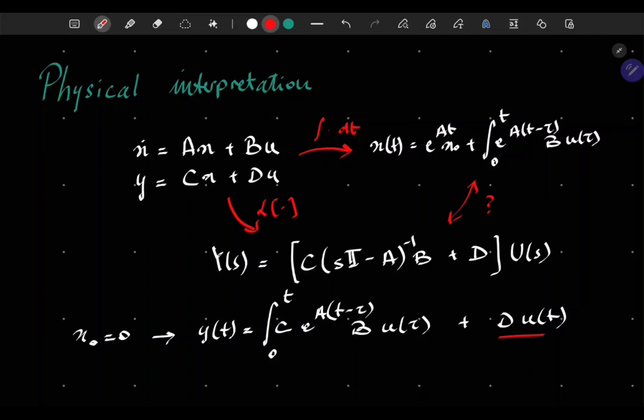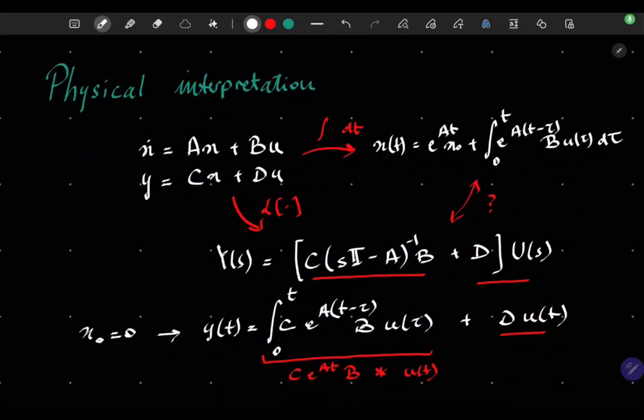Well, we immediately notice that this term here is basically this product here. And remember that the transform is linear, so this just transforms as D times the transform of u. But now here, what we have is a convolution product. So this would be the convolution product of C times e to the At times B. Let's see what this means in slightly more detail.